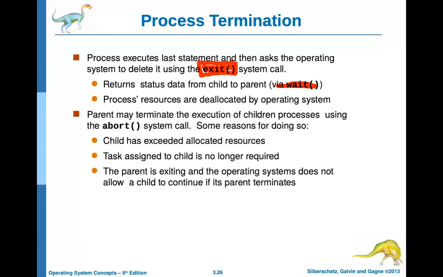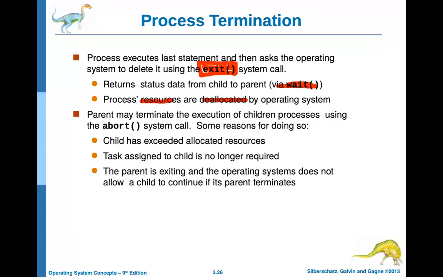Once the child is terminated, all the resources allocated for that process will be deallocated by the operating system. Like process creation is allocation of resources, so whenever the process is finished, the operating system deallocates them.